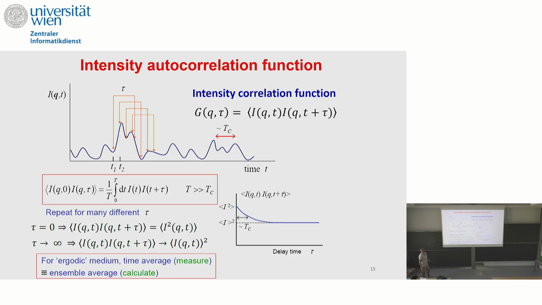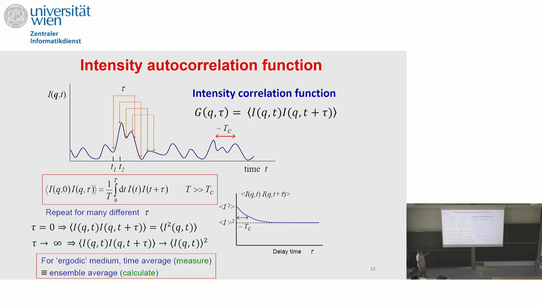And of course, if you want to get something meaningful, you have to average your experiment over a time, capital T, which is much longer than the typical time of these fluctuations. Otherwise, you don't sample in a proper way all the possible fluctuations that you may observe.